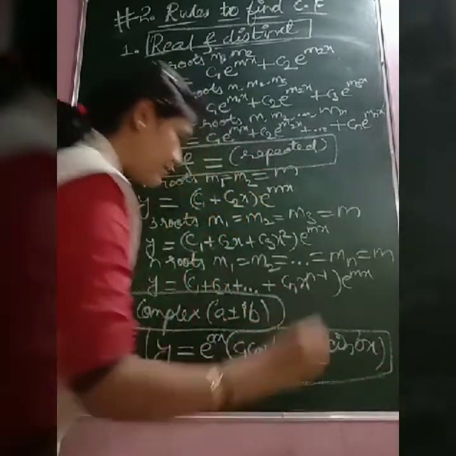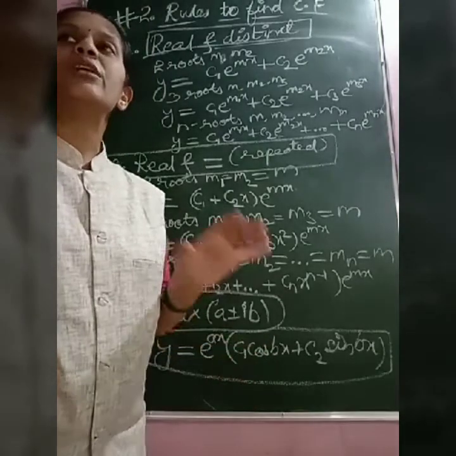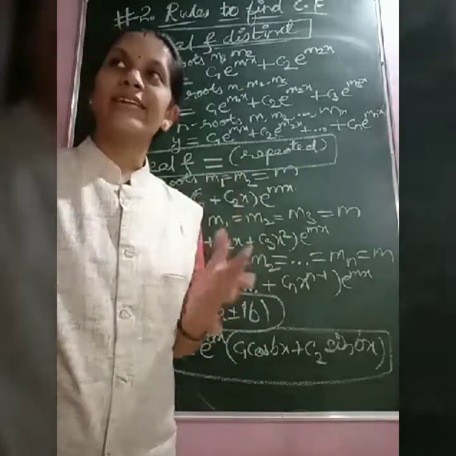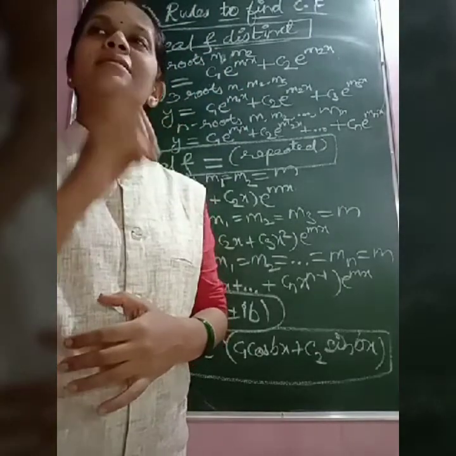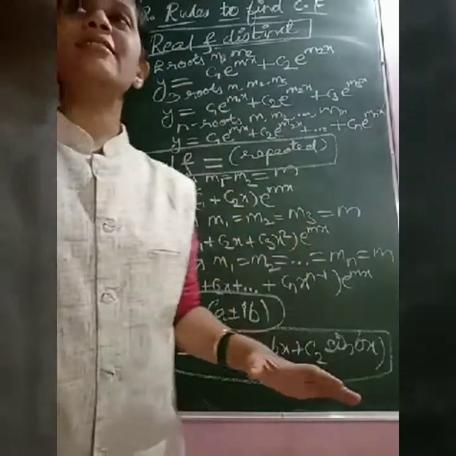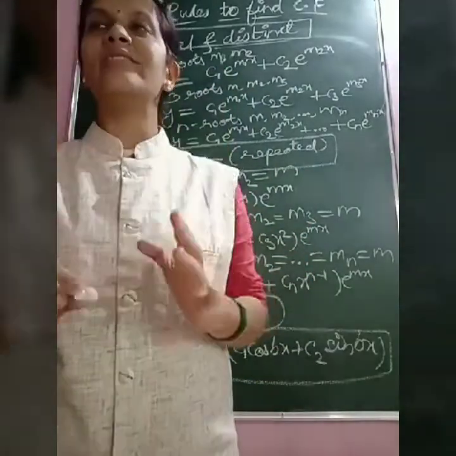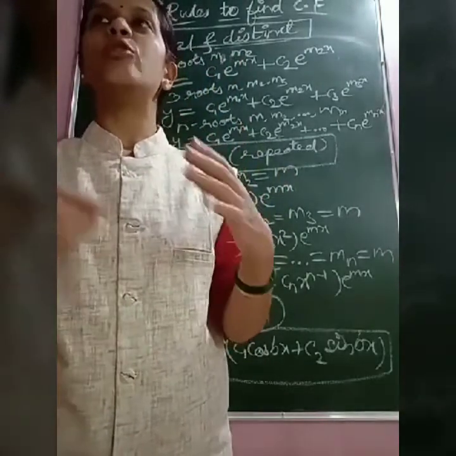So this is the form for complex roots. Actually all this calculation is there, but for our sake, if we just remember the result, it is going to be easy.